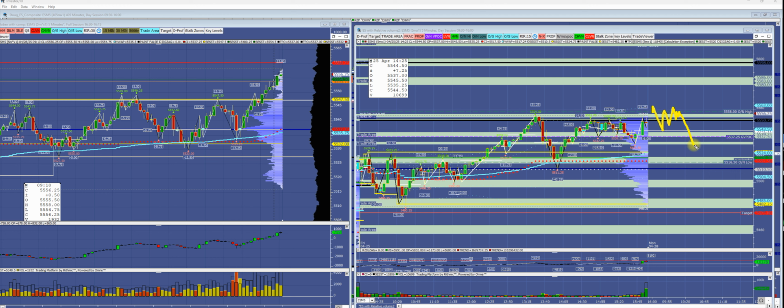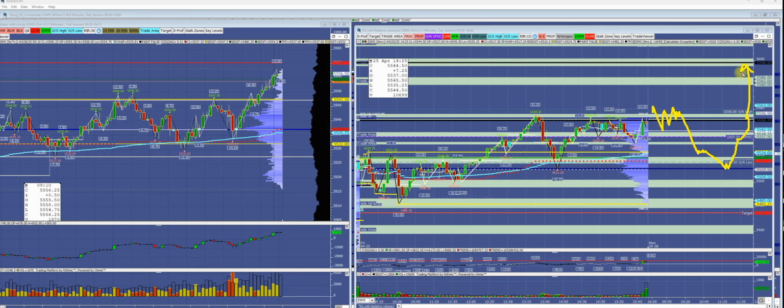I'm looking for a move down to test the LVN, maybe a dip down to take out the overnight low and the VPOC, find buyers, come back in, chop, and then come up and break above the open and go hit this 85 and a quarter, the low of the microcomposite value area that we fell out of, and chop in this gap zone, maybe even a probe higher into that naked VPOC up here.